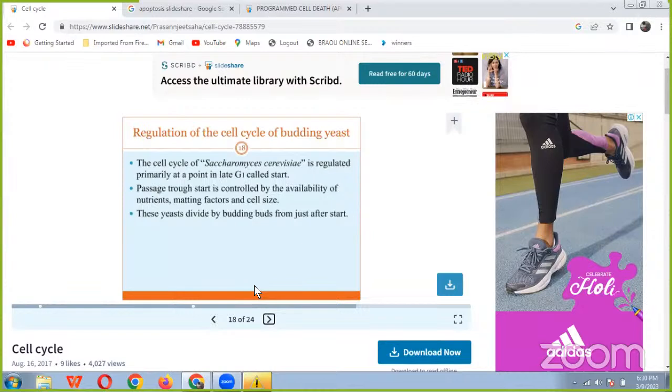The plates are synthesized from the Golgi apparatus, which are single membrane vesicles. The Golgi apparatus supplies the plasma membrane that separates the two daughter cells and synthesizes the cell wall between them.